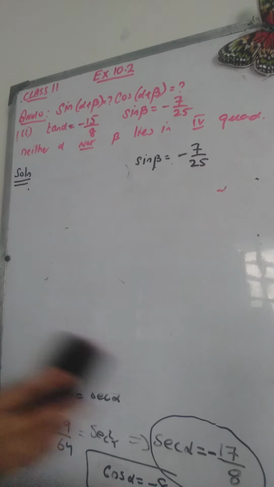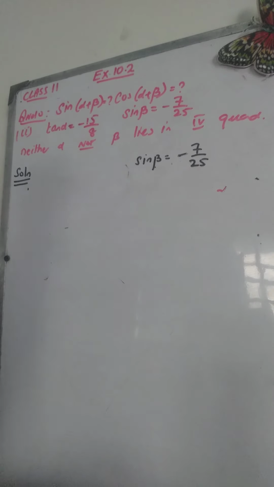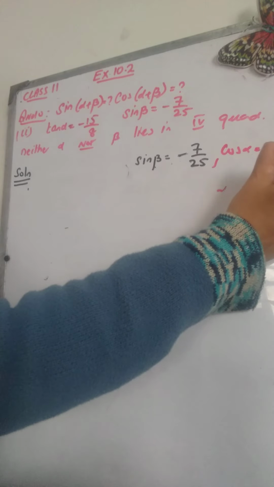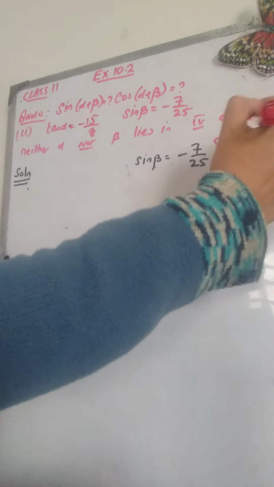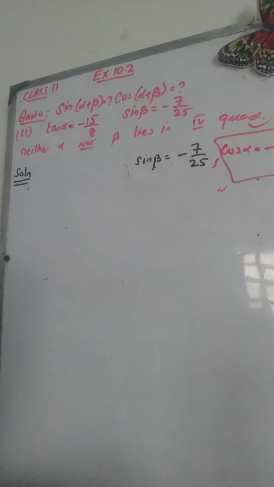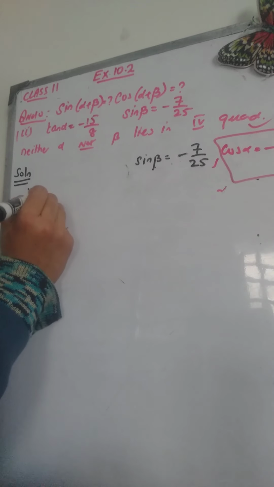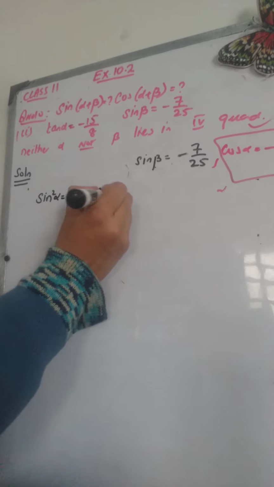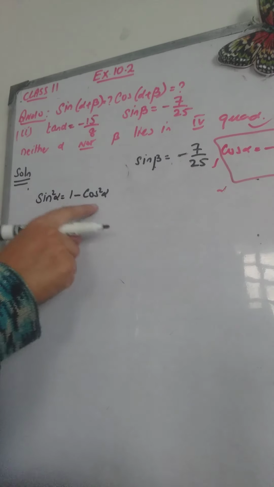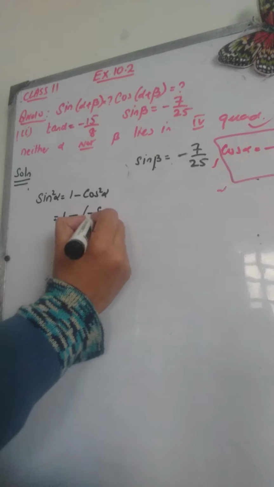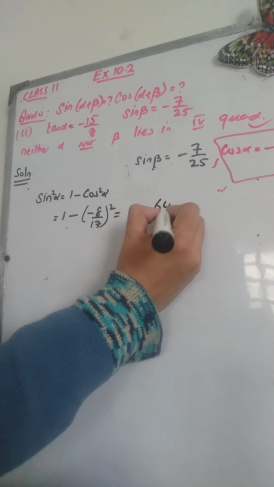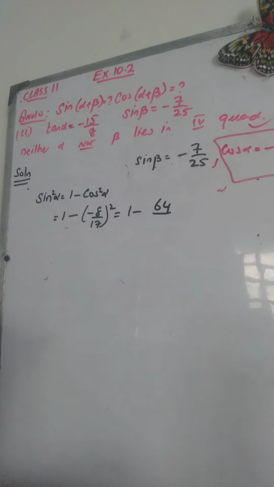So cos alpha, as we have found now, is negative 8 by 17. This was given in the question. Now if cos alpha is negative 8 by 17, we know that sin square alpha is equal to 1 minus cos square alpha, which is 1 minus negative 8 by 17 whole square, which is equal to 1 minus 64 over, I think the square of 17 was 289.